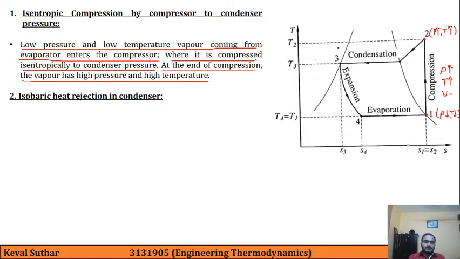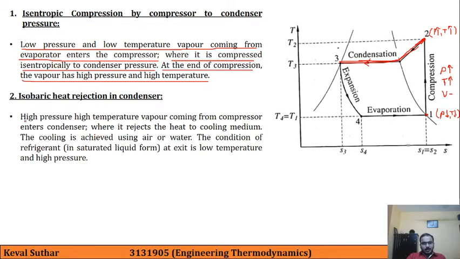Now the second process is isobaric heat rejection in the condenser. This is the isobaric heat rejection, and isobaric means constant pressure.